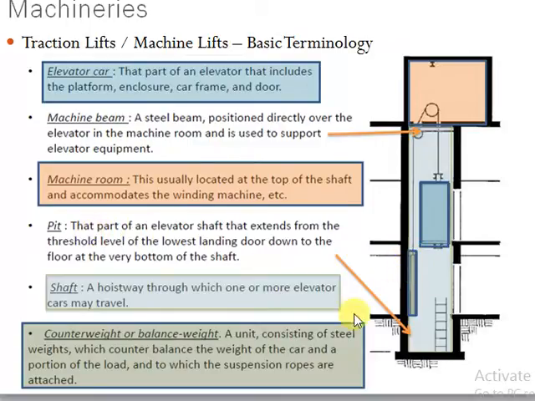Then we call this bottom part the lift pit. It is the part in which servicing and lift safety buffers are installed. And then this is the machine beam. It is simply a steel beam which holds, or on which rests, the entire lift machine.